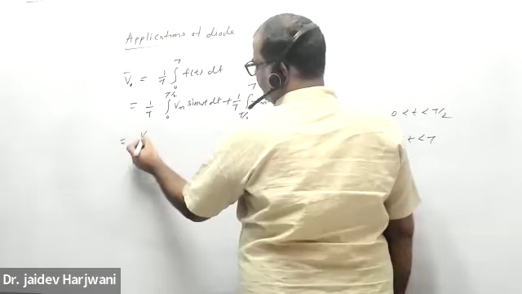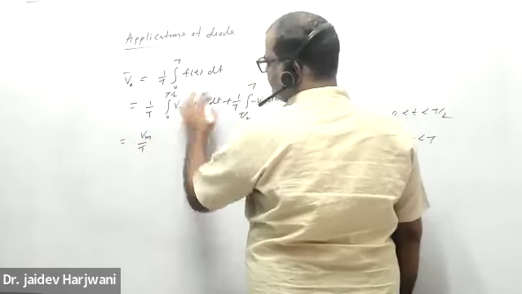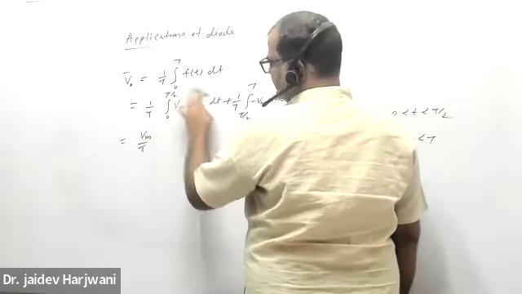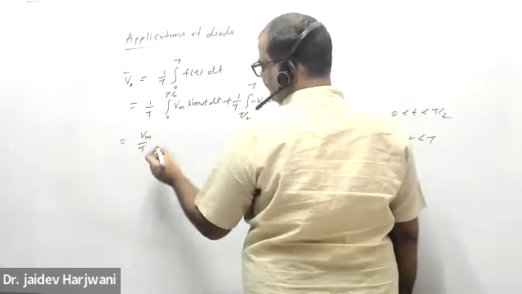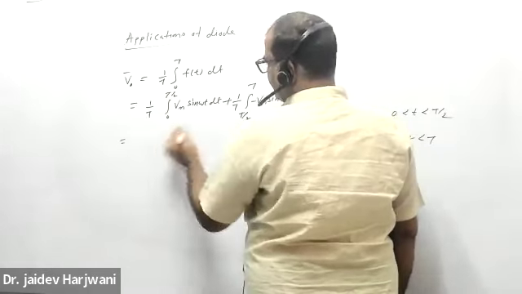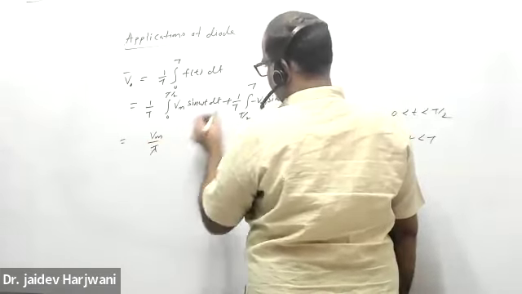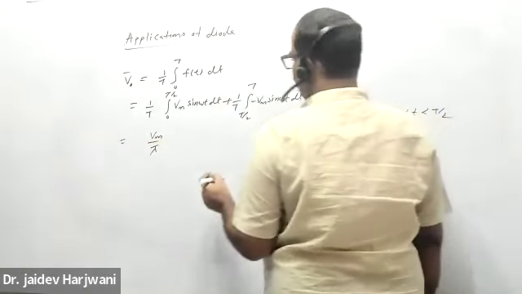So this is Vm by T. This factor we have already solved. How much was the value? Vm by pi. I'm writing directly because we already solved this. Just solve this one. How much will it come?